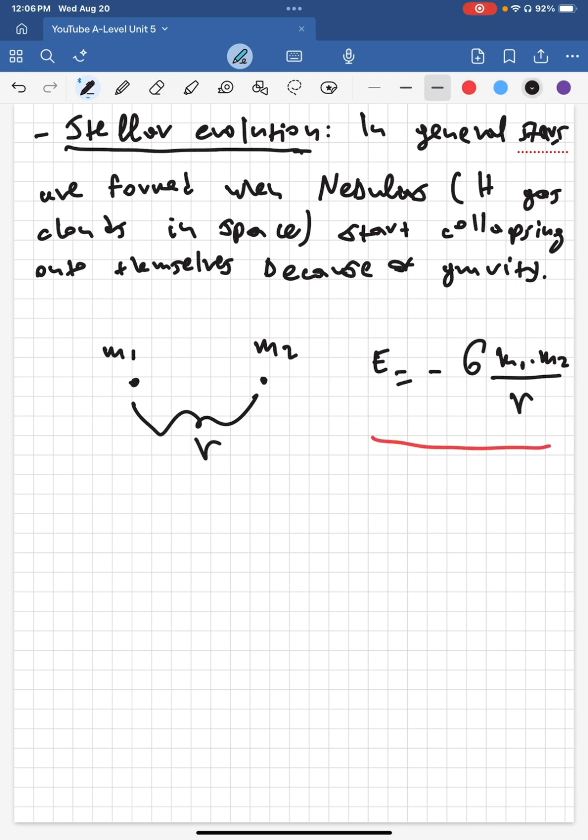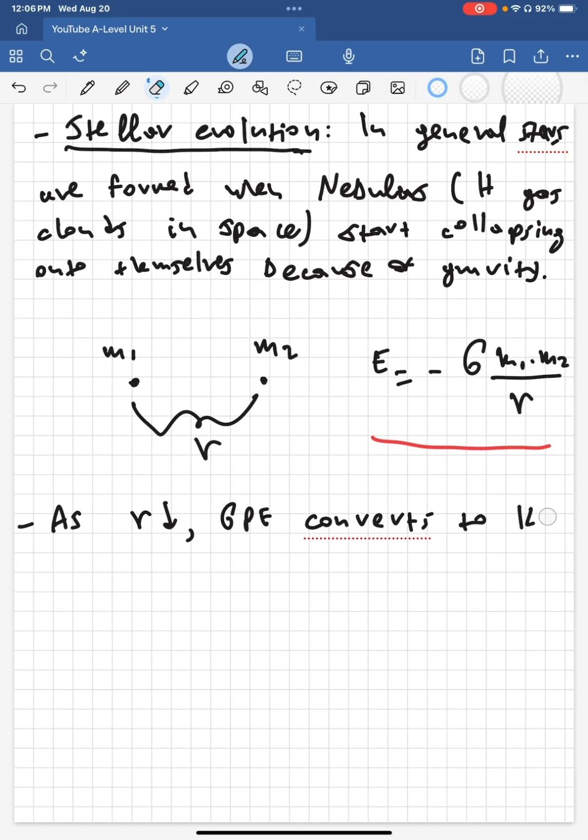So as the radius decreases, as they come closer, the gravitational potential energy converts to kinetic energy, which is simple to understand because if you have two static masses, m1 and m2, and they start being attracted to each other via the gravitational pull, then they will start having some kinetic energy, right? So the kinetic energy increases as the radius decreases, okay?